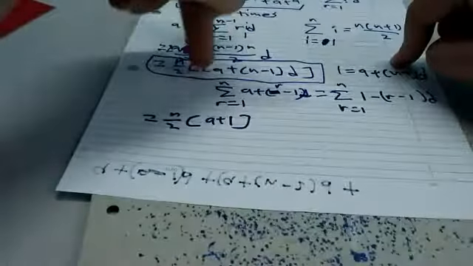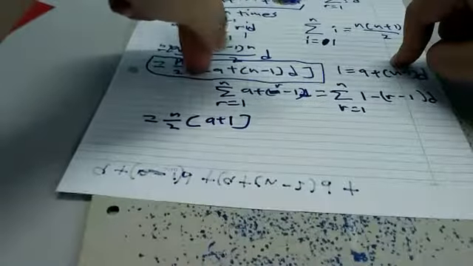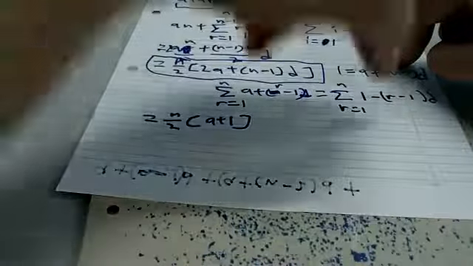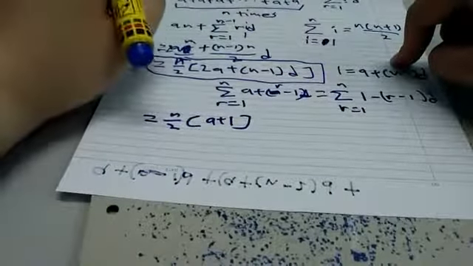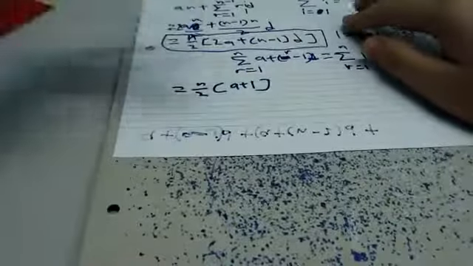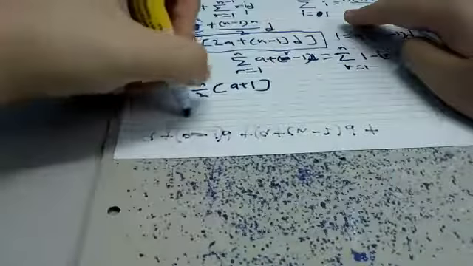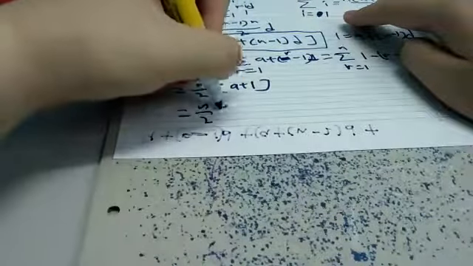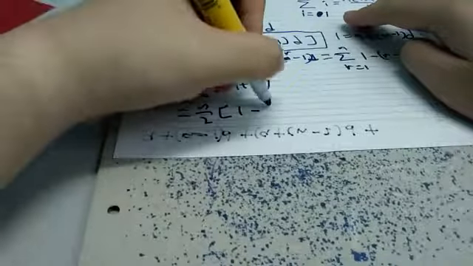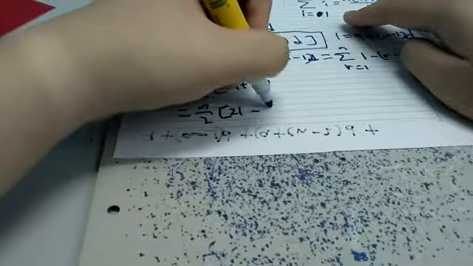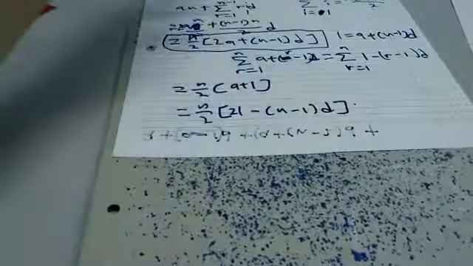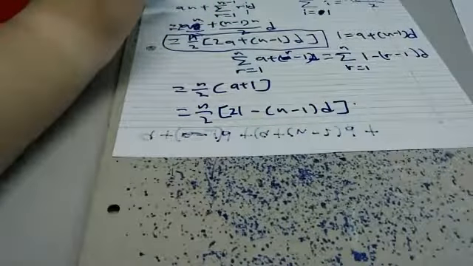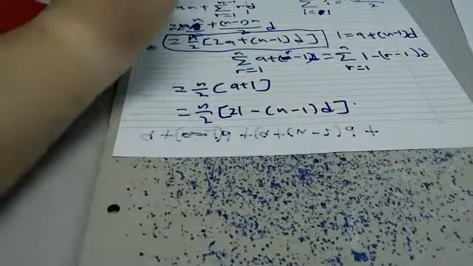If I use the same concept as we did right here, then we can get n over 2 times 2l minus n minus 1 times d. We are just repeating the same process, but in terms of l.